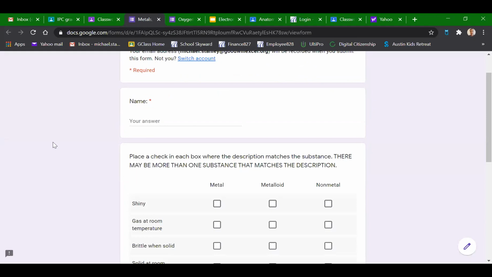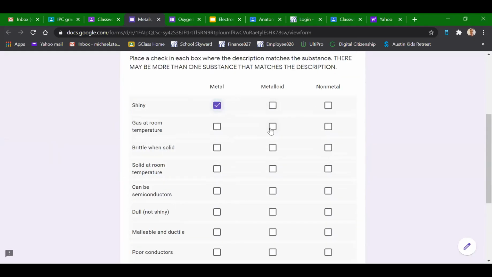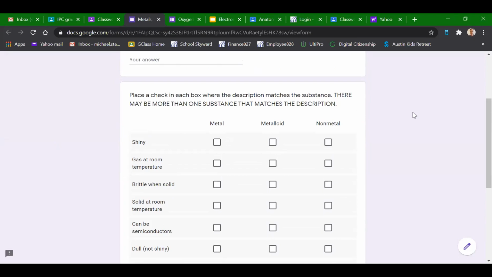Essentially, all you have to do with this one is put little check marks or little boxes. Which one of these descriptions fit these three categories: metal, metalloid, or non-metal? The biggest thing to keep in mind is there may be more than one type of substance that matches the description.